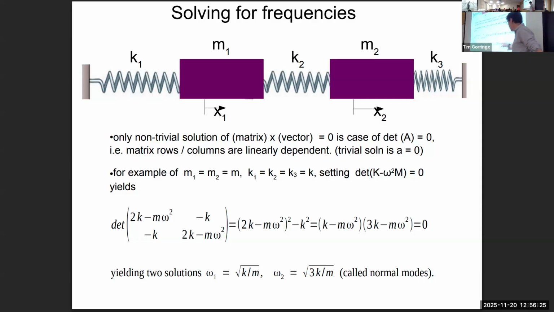These two solutions are that omega, I call it omega 1 here to differentiate it, is the square root of k over m. Or that omega, call it omega 2, second mode, is the square root of 3k over m. So these are the 2 frequencies that are allowed for these common frequency oscillations of the 2 masses.